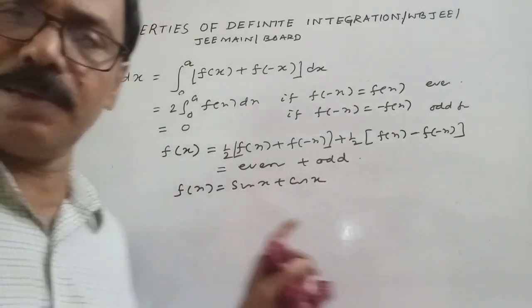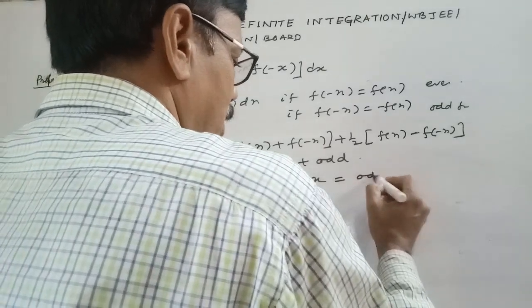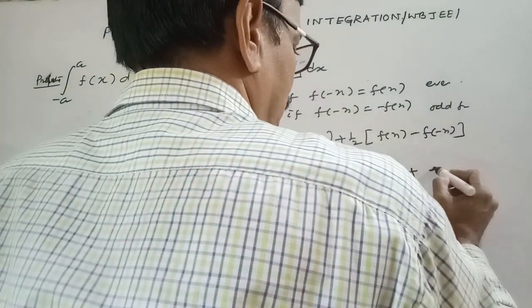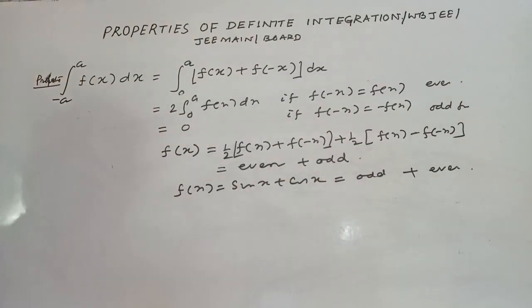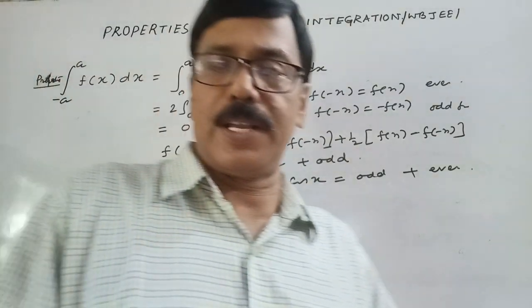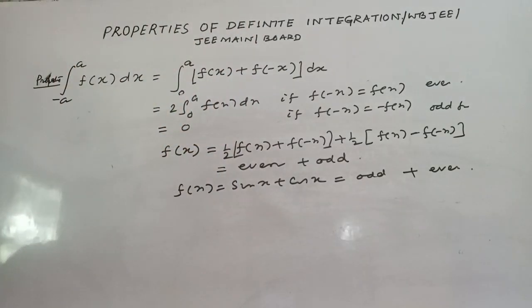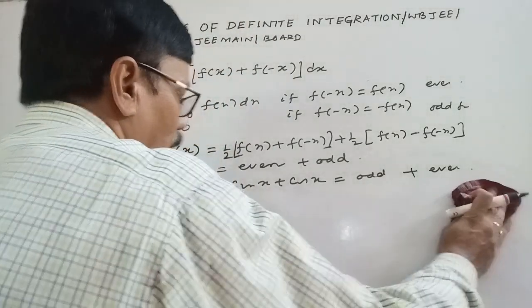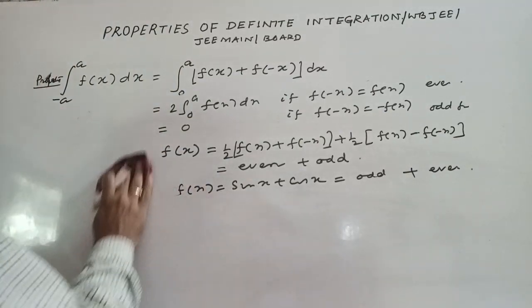So it is neither even nor odd, but you can write sin x as the odd function and cos x as the even function. So every function can be expressed as a sum of an even and an odd function. So this will be our working tool.